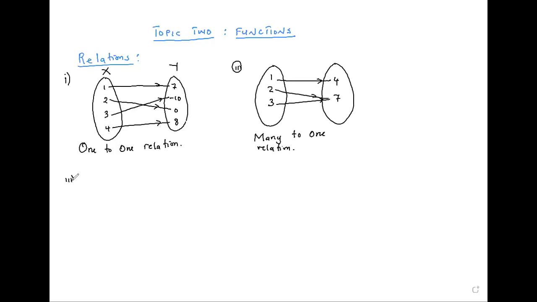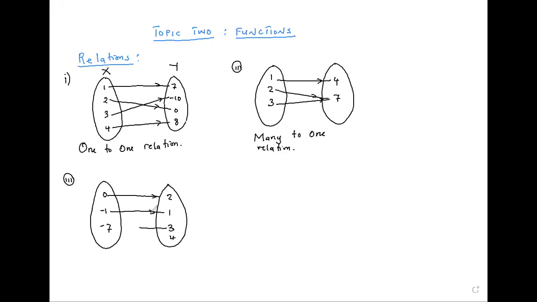And then the third one, we have 0, -1, -7, 2, 1, 3, 4. And then we have this guy here, this guy here, this guy here, and this same guy here. Then we say one to many direction.